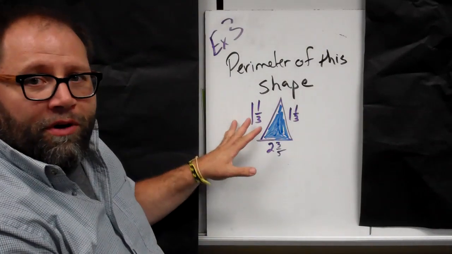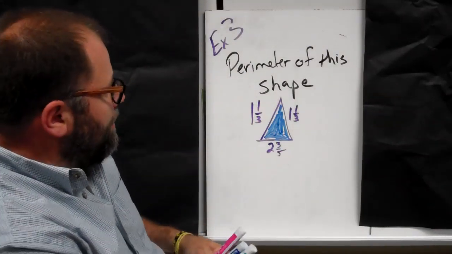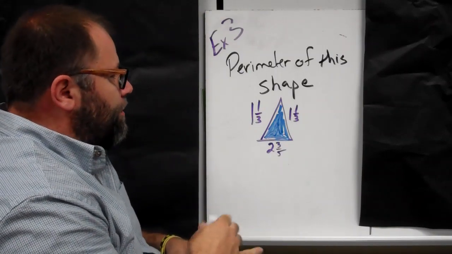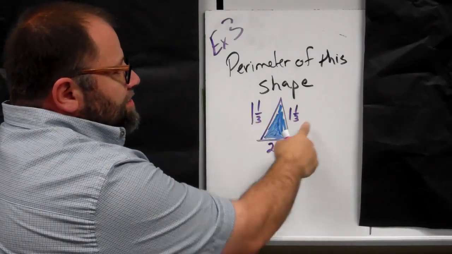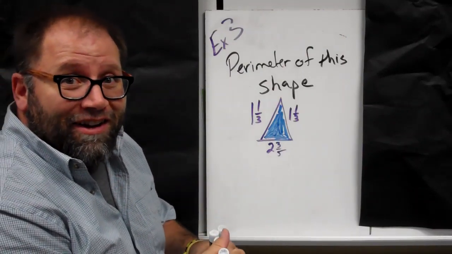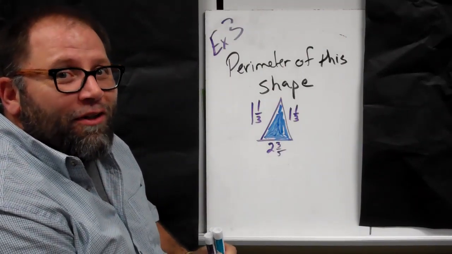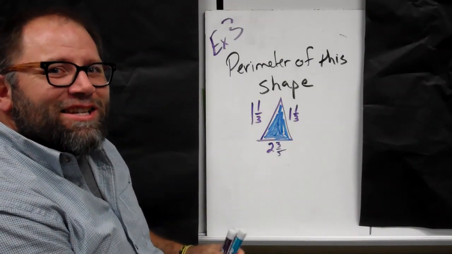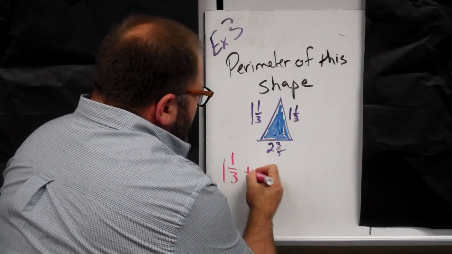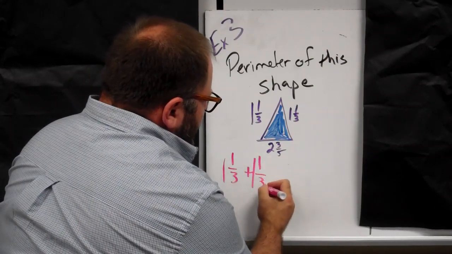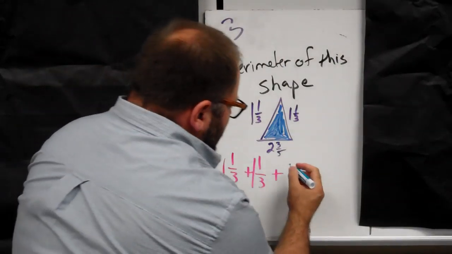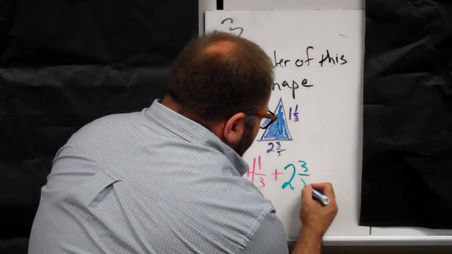So if we're doing perimeter, we're going to add the sides together. What I would do first, and I learned this from Mrs. Purdue, is put the terms that are similar together. I'm using the commutative property. So we're going to take 1 and 1/3 plus 1 and 1/3 plus, and I'll make this a different color because it has a different denominator, 2 and 3/5.